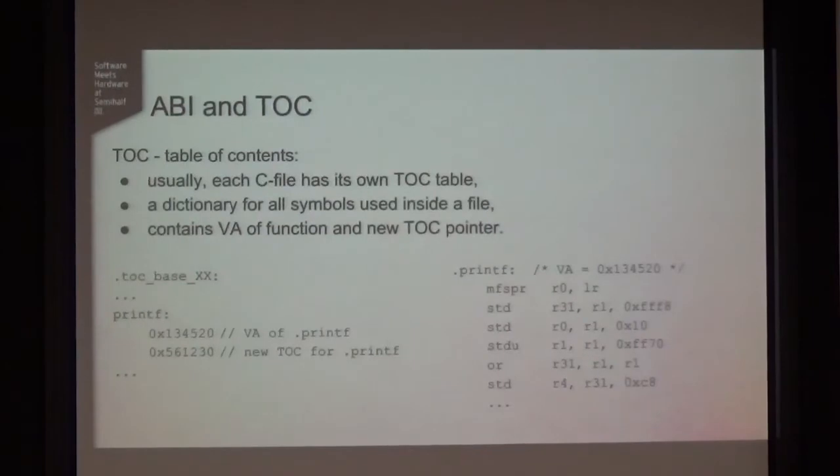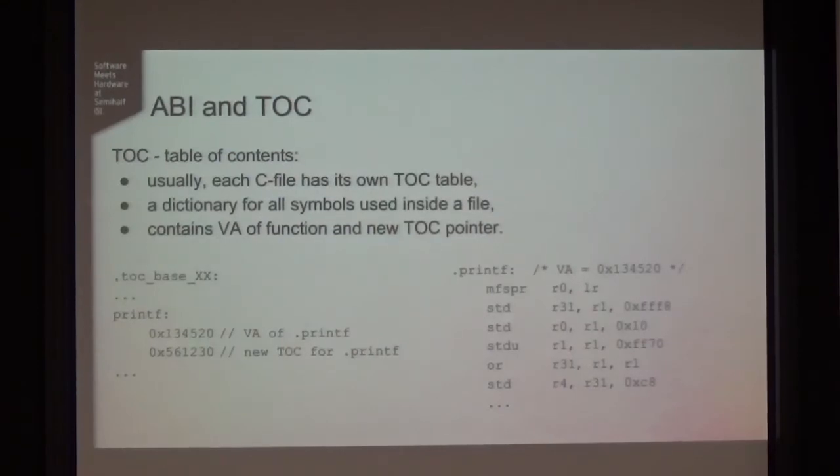This is because when we have a table of contents, we can easily relocate the whole binary. While doing dynamic loading of the ELF, we are looking for the TOC base and we are recalculating the addresses visible there to match the place where the binary is actually located. This provides position independence of the code. The problem is that the TOC table has a lot of limitations.